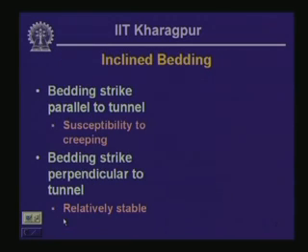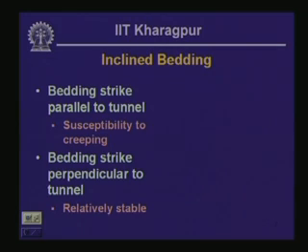The second type of problem that we consider here is related to inclined bedding. So what we are going to consider here are two cases. In the first case, the bedding strike is parallel to the tunnel, and the second case we are going to consider when the bedding planes strike perpendicular to the tunnel.